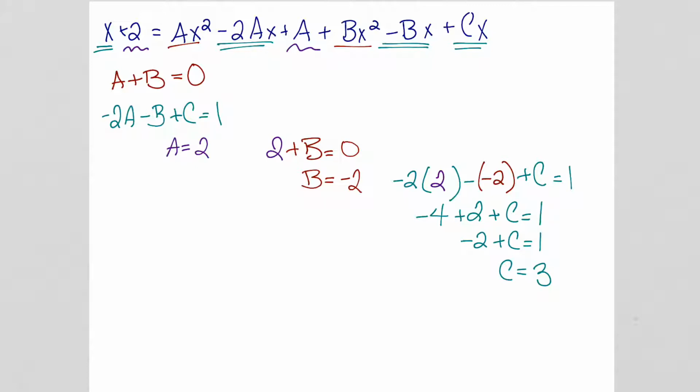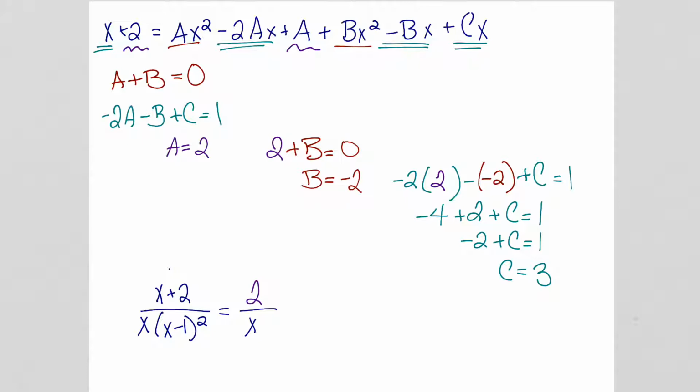So now we can go ahead and write our solution. We've got that x plus 2 over x times x minus 1 squared is equal to a, which was 2, over x.